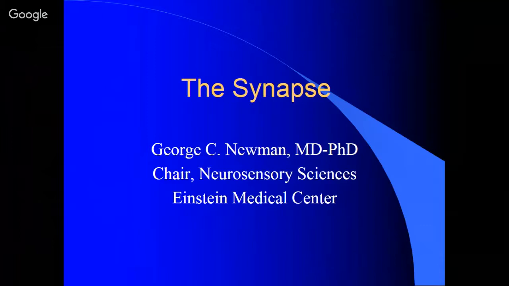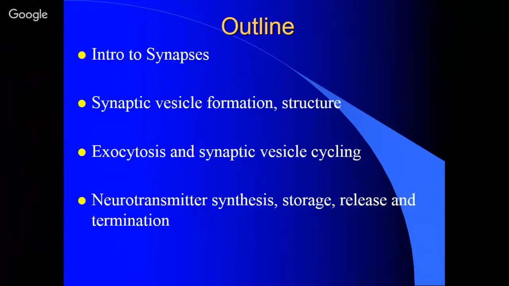You could argue that this is the center of the central nervous system, that everything that we talk about, all of our exams, all of our behavior is really occurring at the level of the synapse. And you could argue that everything else is simply to support the synapse.